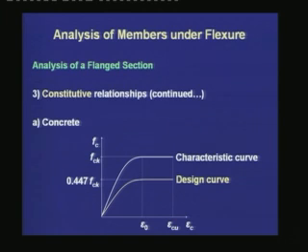We had seen this design stress strain curve in the module of material properties, that from the characteristic curve we define a design stress strain curve with a maximum stress of 0.447 FCK, and the area under this design curve gives the value of CUW, and for CUF, since the stress is constant, we get the value of CUF, which is equal to the constant stress times the area over which the stresses act in the outstanding flange.